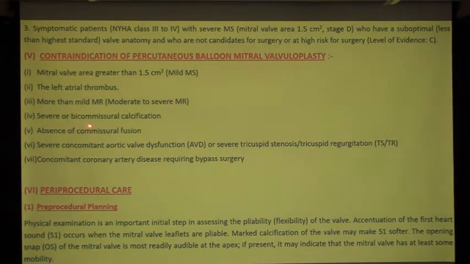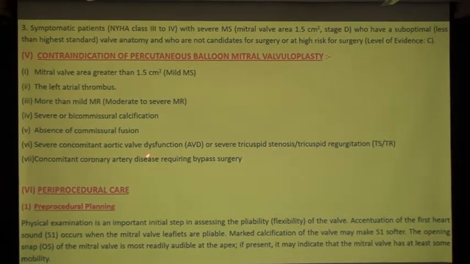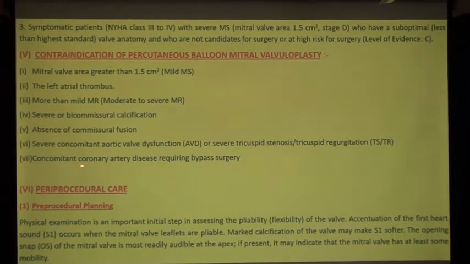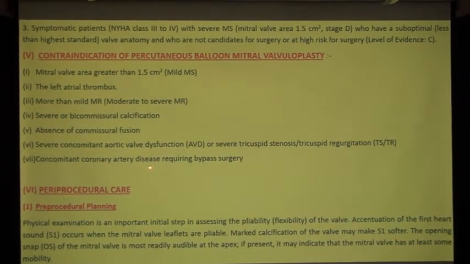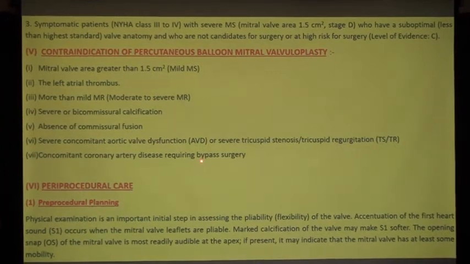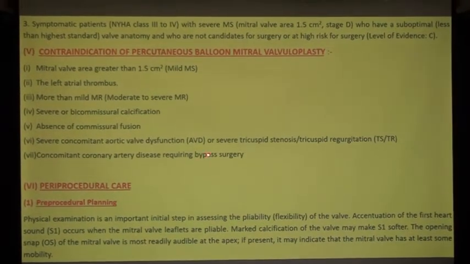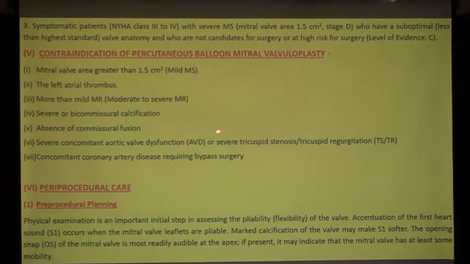Then severe or bicommissural calcification, we don't do valvuloplasty. Then absence of commissural fusion, we don't do valvuloplasty. Then severe concomitant aortic valve dysfunction or severe tricuspid stenosis or regurgitation, we don't do valvuloplasty. Then lastly, concomitant coronary artery disease requiring bypass surgery, we don't do valvuloplasty.